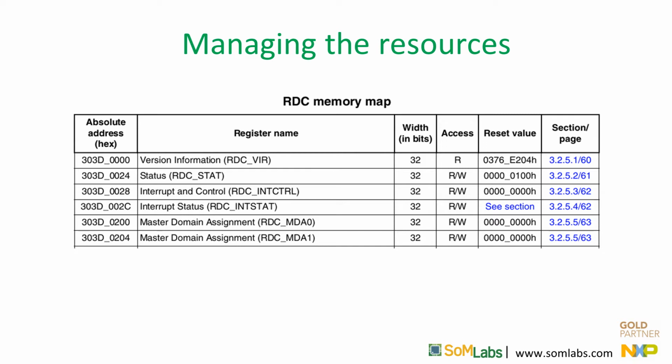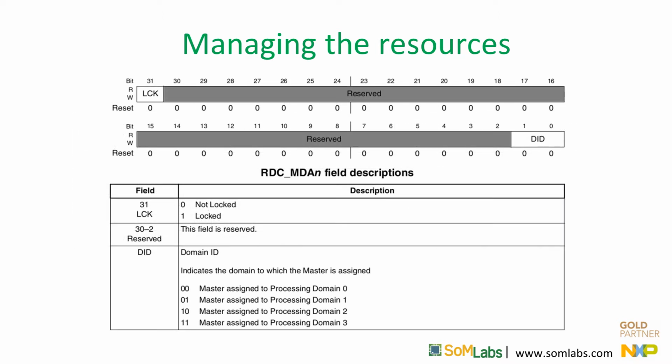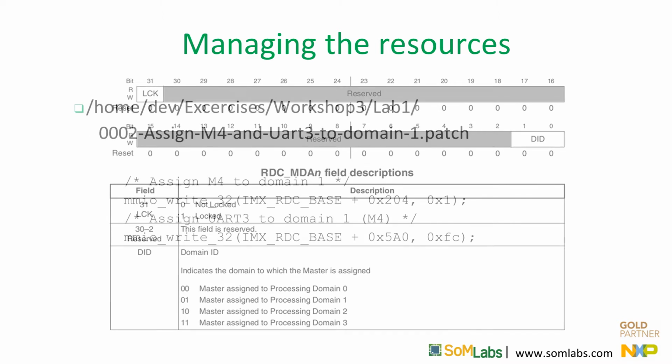Hence the patch contains the entry I.MX RDC base plus 204, because the RDC register address base is equal to 303D0000. In the register description, where its fields are explained, we can see that writing 1 to the least significant bit assigns the core to domain 1.